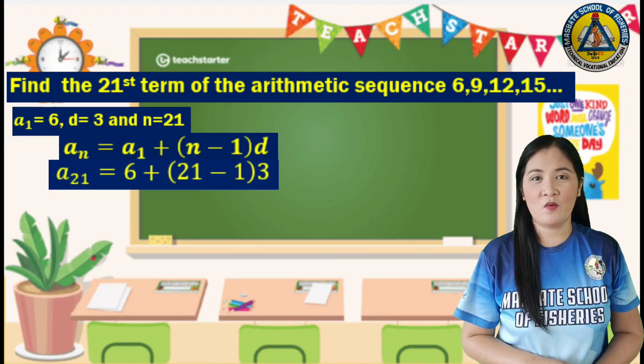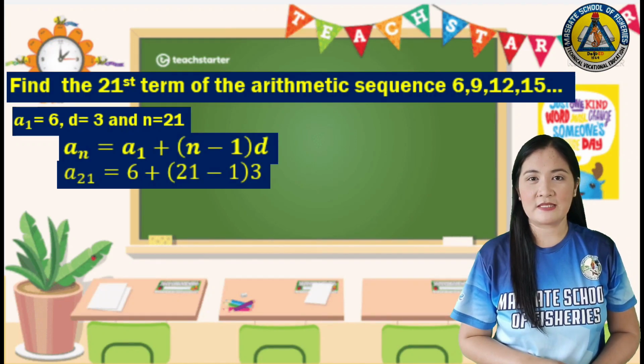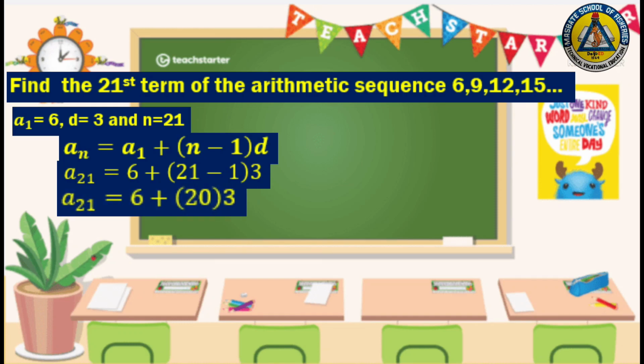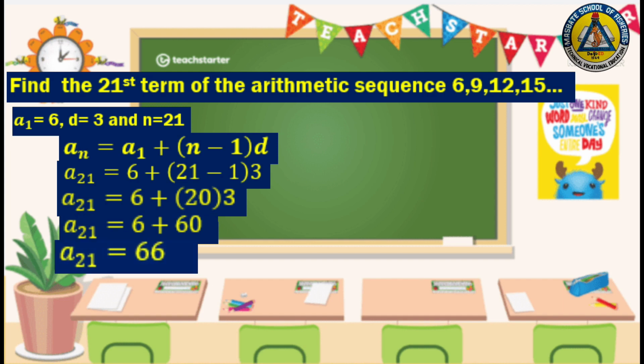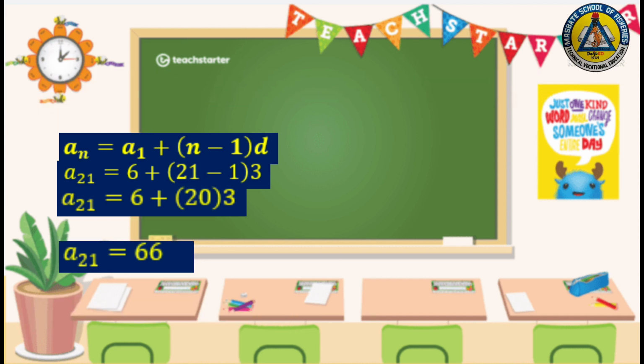A sub n is equal to a sub 21, a sub 1 is equal to 6, and d is equal to 3. A sub 21 is equal to 6 plus 20 times 3, so a sub 21 equals 6 plus 60. A sub 21 equals 66. Thus, the 21st term is 66.